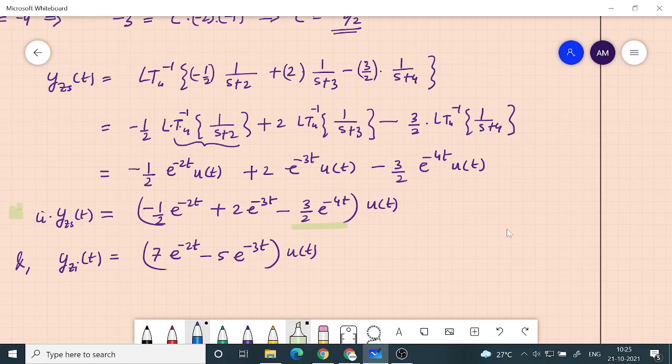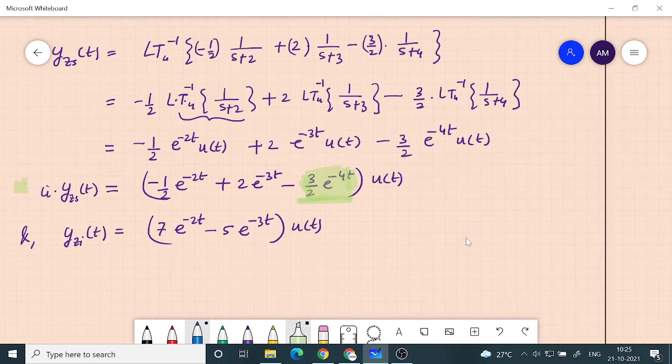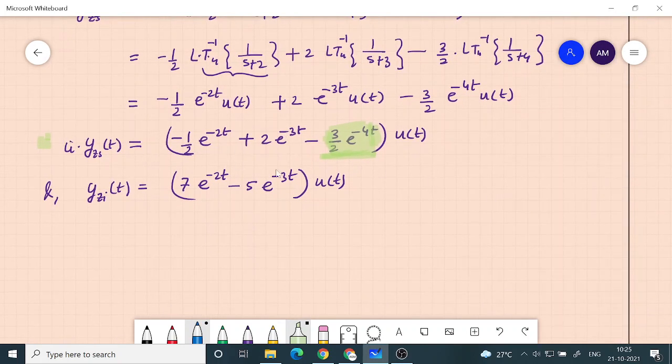This term is basically the forced response part. Now let me also compare it with the usual mathematical way. If you do that, you will not get this separation into zero state and zero input response, but what you will get is the total response, which is the sum of these two.